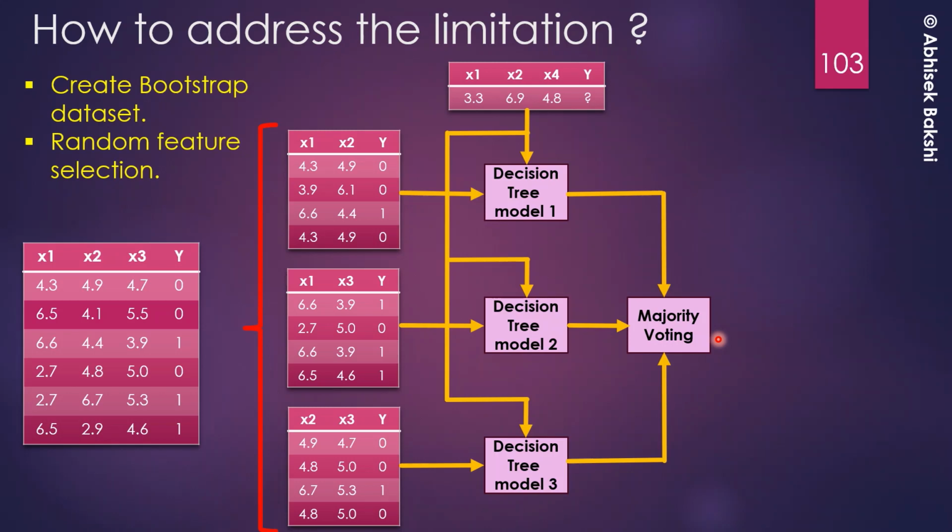Whichever class, 1 or 0, gets the majority of votes will be considered the final output. If among 3 decision trees, 2 say class 1 and another says class 0, because of majority voting on class 1, the new data point will be considered of class 1, which is the classification result.